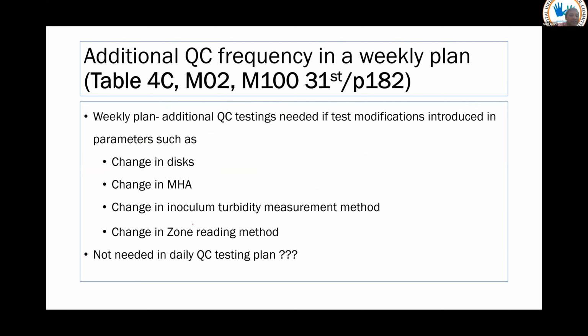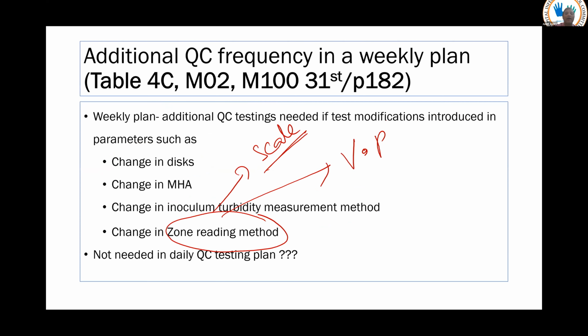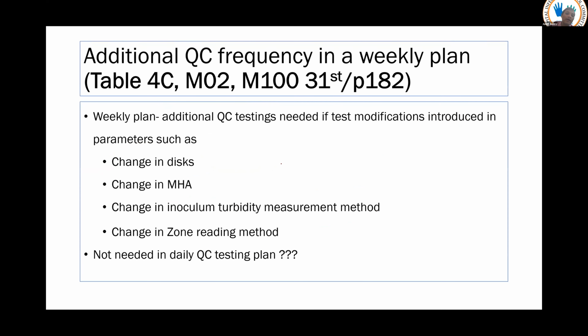And when there is a change in the zone reading method, like you were using one scale type earlier, and now you have bought a vernier caliper, and with the help of the vernier caliper you want to measure the zone. So if you have a change in the zone reading method, and nowadays even automated zone readers are also available.